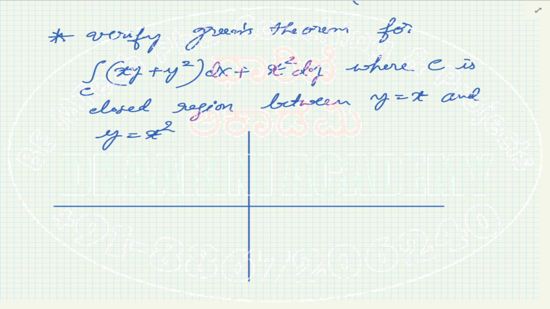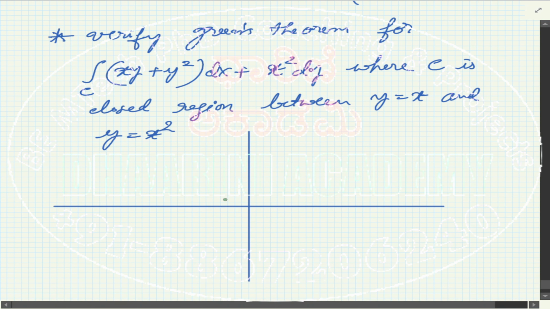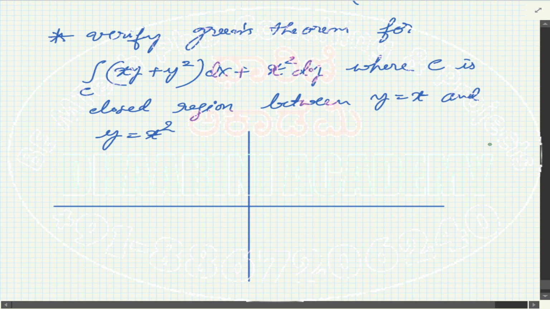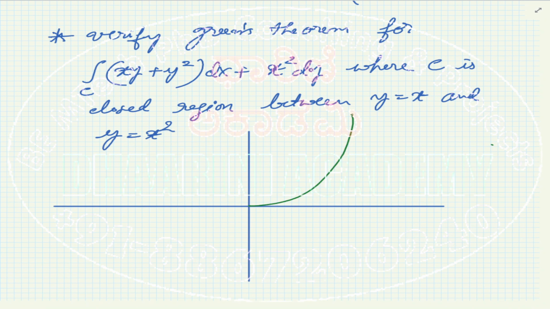One of the curves is y equals x squared, that's a parabola. It is a parabolic curve like this. Since we need only one side, let's draw it only on that side.